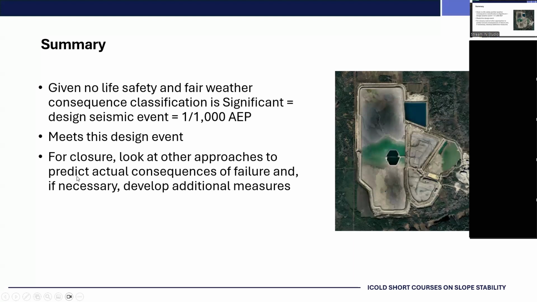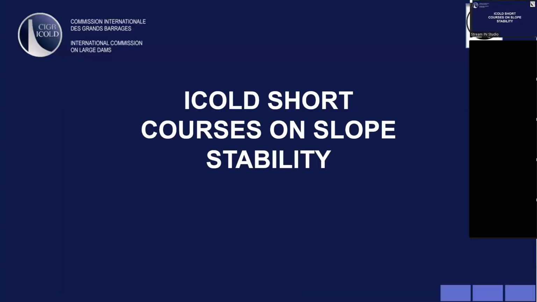If you recall some of the images that Alejo showed, where you take the seismic event and apply it to the facility and then predict the deformations, I expect what we will see is something like Alejo showed, where yes, you may have some deformation, you may have some slumping, but given that there's no pond on the top of closure, those consequences may be acceptable and may not warrant the construction of massive berms. Or if berms are required, the deformation analysis will help to inform an appropriate scale of those berms. So that concludes that quick short case study.